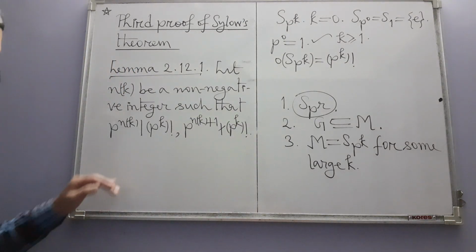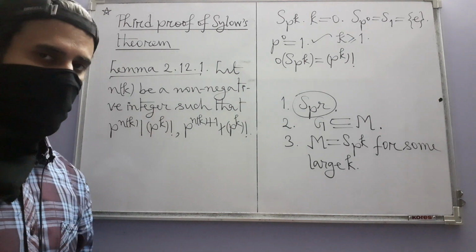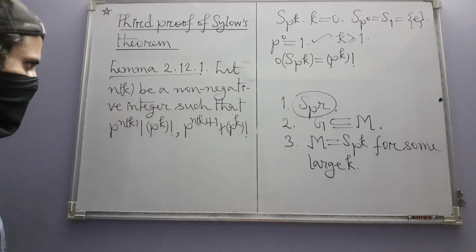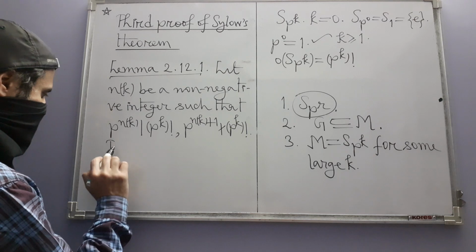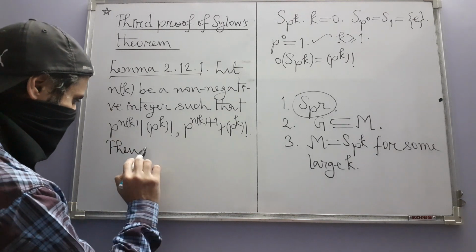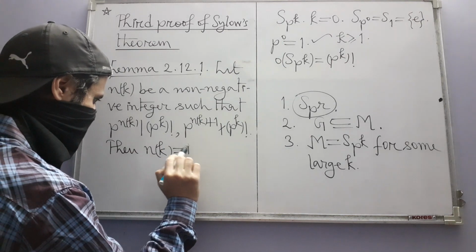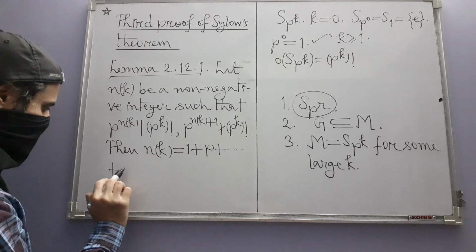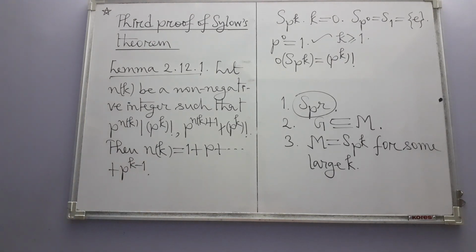That means this is the largest power of p that divides (p^k)!, and n_k is the corresponding exponent. But then what does the lemma claim? It claims that then n_k is this. And we are now going to prove this lemma.